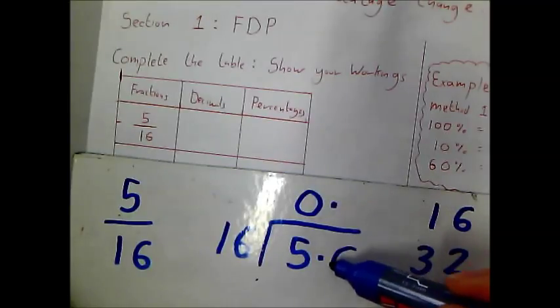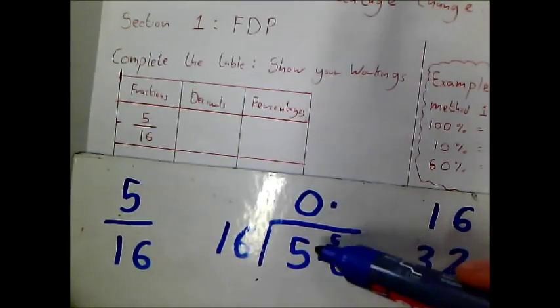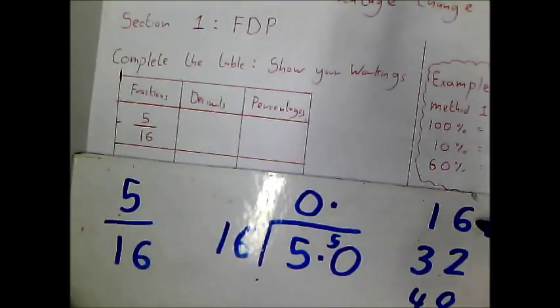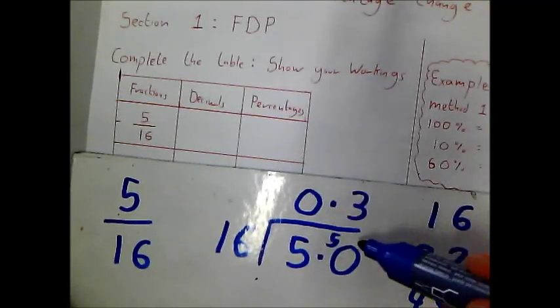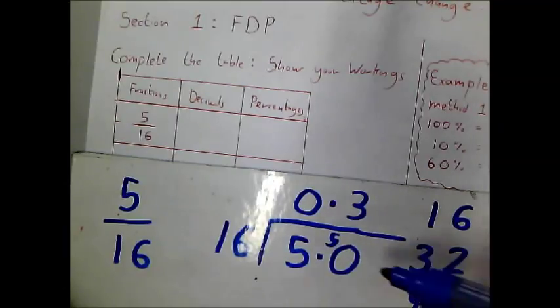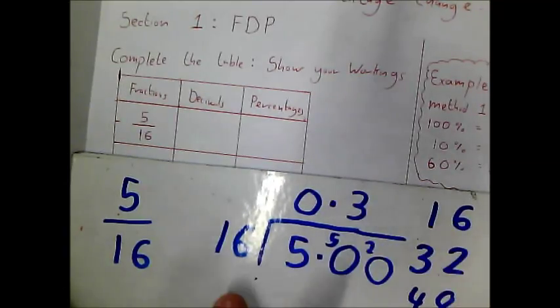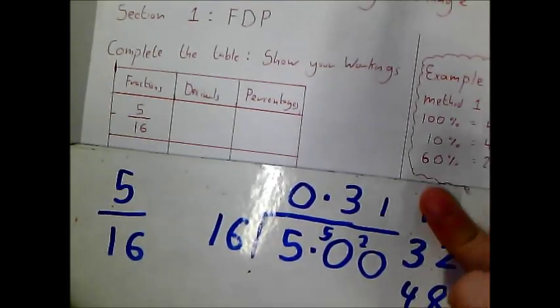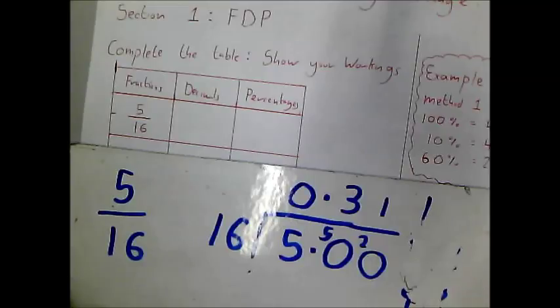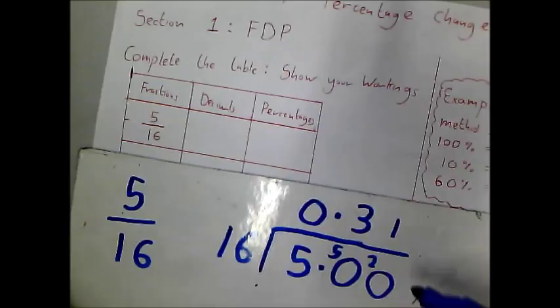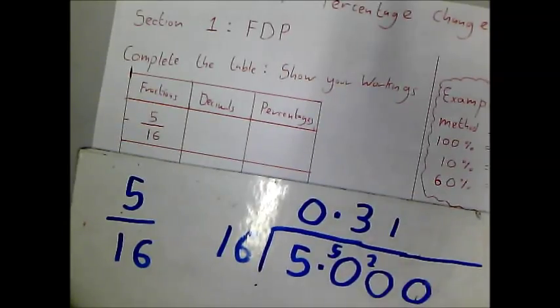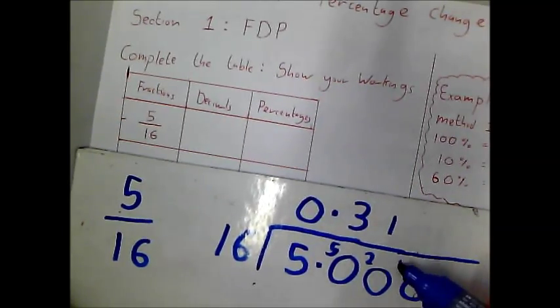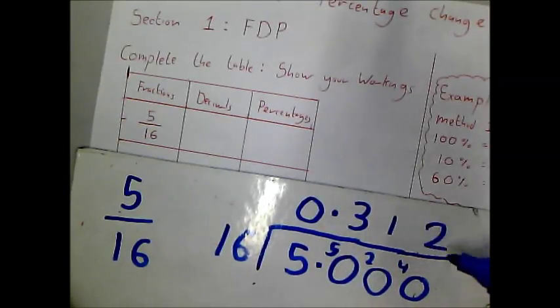Put in my decimal point, put in a 0, and I'm 5 away. 16s into 50 go 3 times, and I'm 2 away to get to 50, so remainder 2. 16s into 20 go once, and here 16, 32, 48. Put in my 0, and I am 4 away. 16s into 40 go twice.